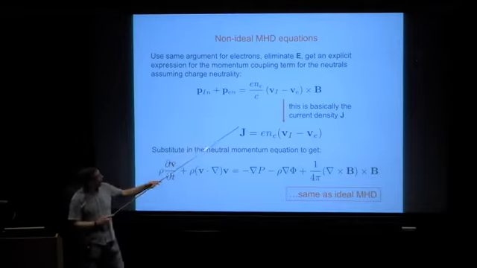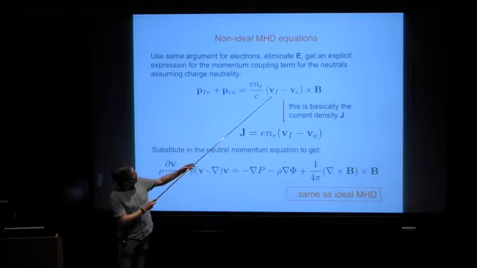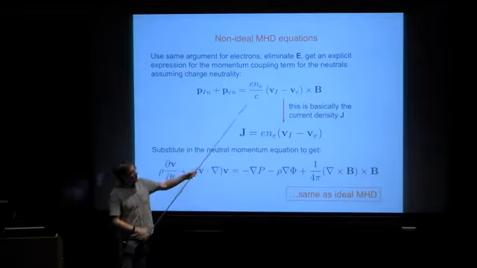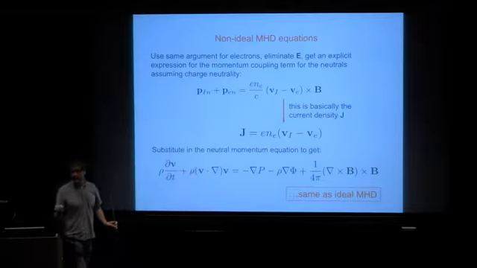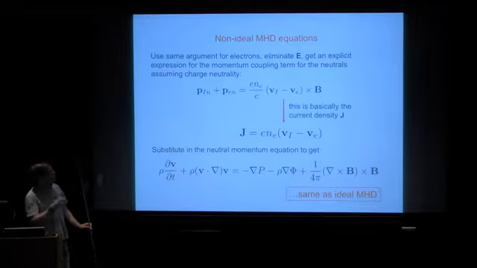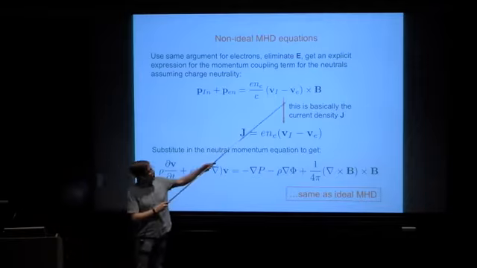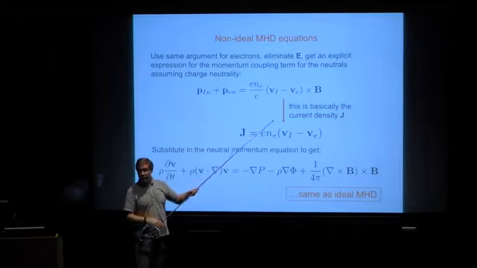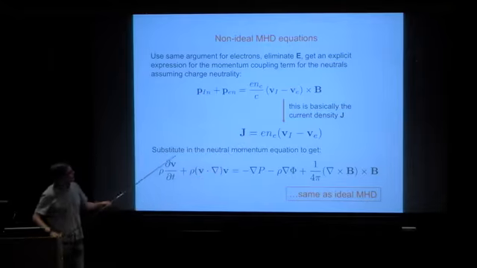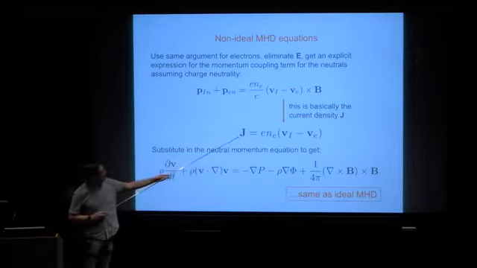Here we've got the difference in velocity between the ions and the electrons, and this is related to the current density in the fluid. If the ions were completely at rest, so v_i equals 0, then the current would be due to the velocity of the electrons on its own. So here's the current density.